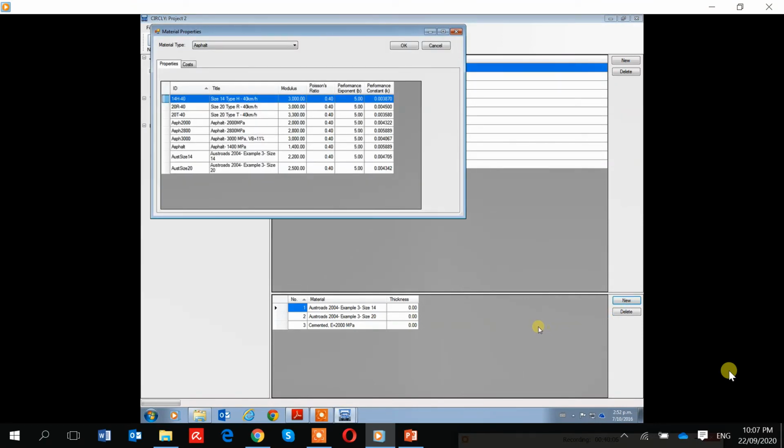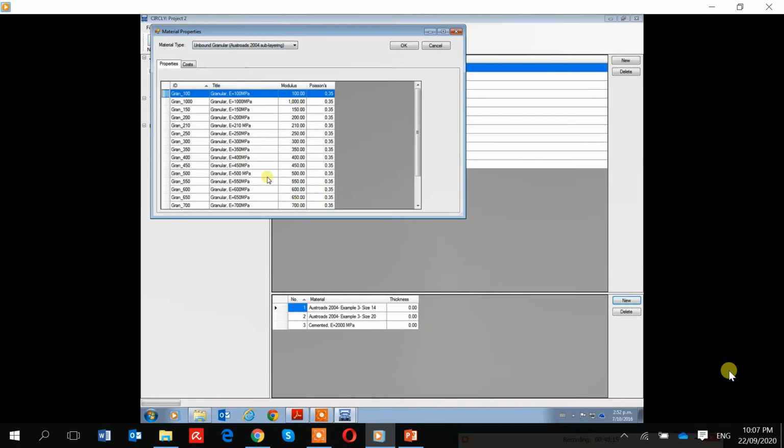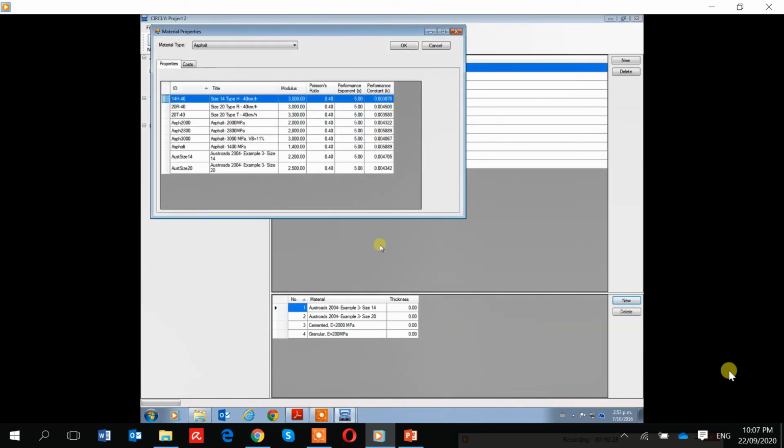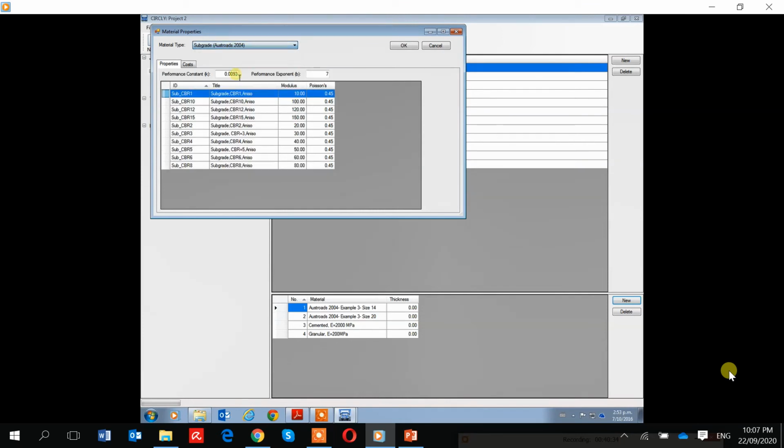The next layer is the unbound granular Austroads 2004 with modulus 200. And all these four layers will be sitting on top of a subgrade. So I'm going to use subgrade Austroads 2004.